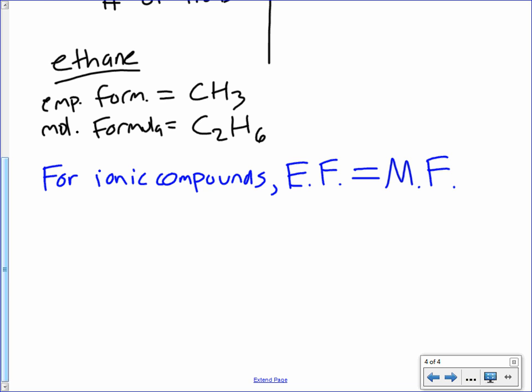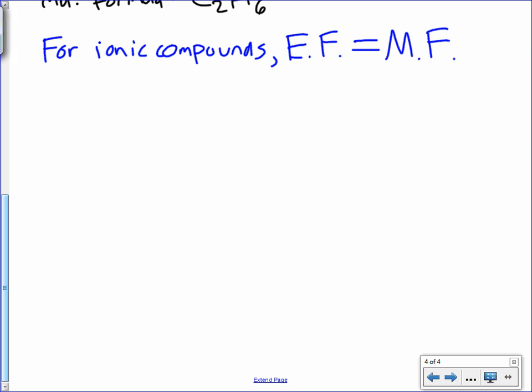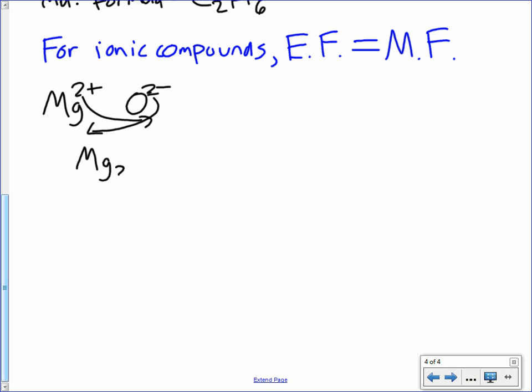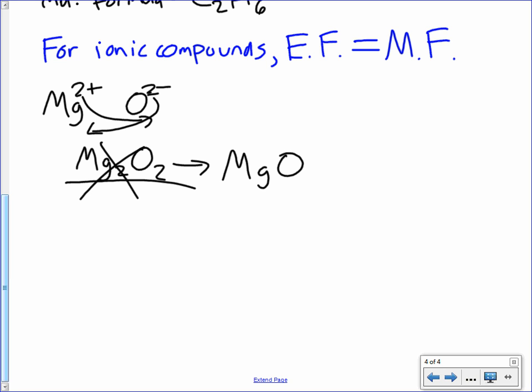Okay, you may remember when we were going through the chemical formulas section, I told you if you are solving something like, if I told you magnesium oxide, you did this whole deal here, Mg2+, O2-, and then you crisscrossed here, and you got Mg2O2, and I told you if you write that as an answer, I'll yell at you because that's wrong, because it's reducible, right? That's wrong. Switch it to that.